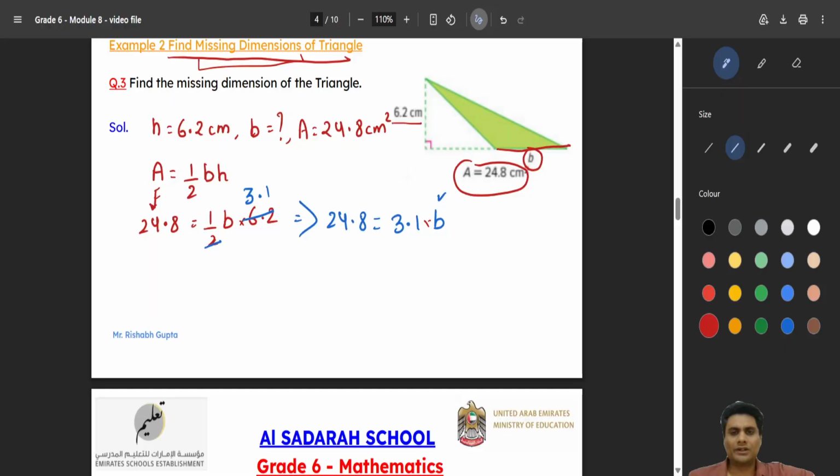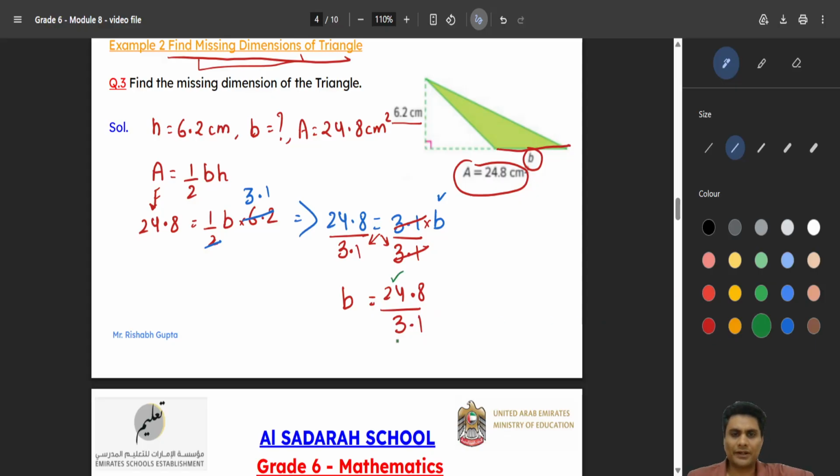If you want to find the B, you have to remove the 3.1. So this is 3.1 times B. The opposite of times will be divide. So we will divide by 3.1 here to cancel it. If you do something on one side of the equal sign, repeat the same thing on the other side also. So divide by 3.1 here also. 3.1 divided by 3.1, class over. So B is equal to 24.8 divided by 3.1. Check.